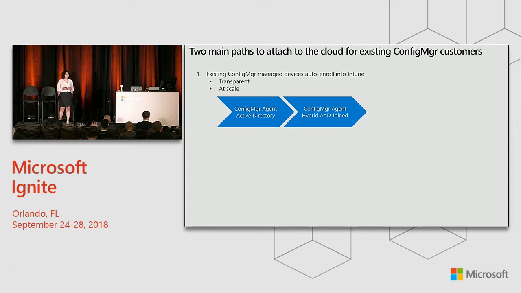You configure those devices to also have the cloud identity in Azure AD, to get to the state of hybrid Azure AD join, which means it's on-prem AD joined and AAD registered. In that state, that enables the device to authenticate through the cloud.